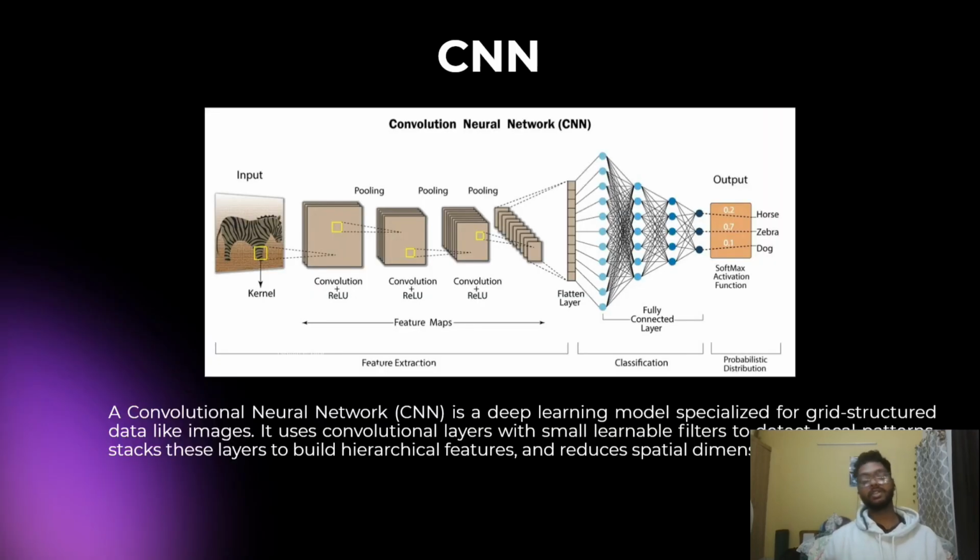CNN is a convolutional neural network. It is a deep learning model specialized for grid structures like images. It uses convolutional layers to make predictions. It has several layers within it. Let's understand this with an example. Here we have an image. Then we choose a kernel. This kernel moves over the entire image and we perform convolution.